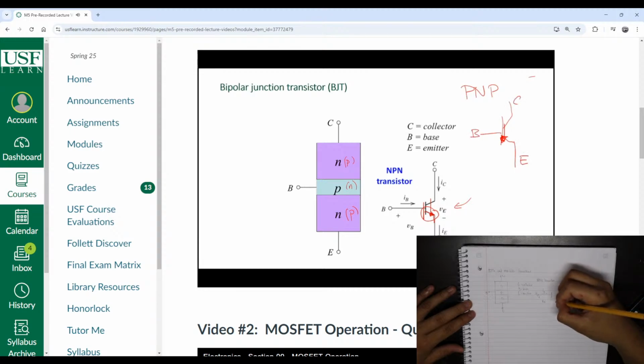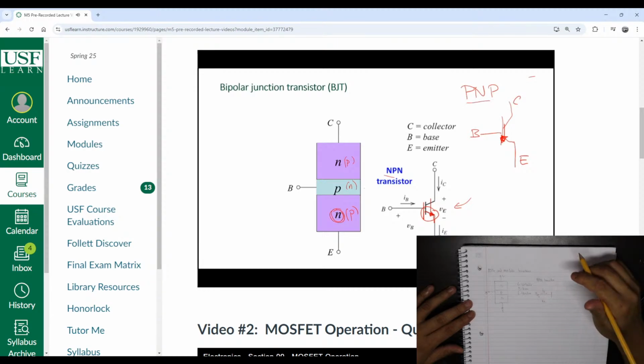One way to remember this, the arrow always points to the N region. So for the NPN, the emitter here is N-type, so the arrow points to the N-type. For the PNP, the base is N-type, so the arrow points to the base.